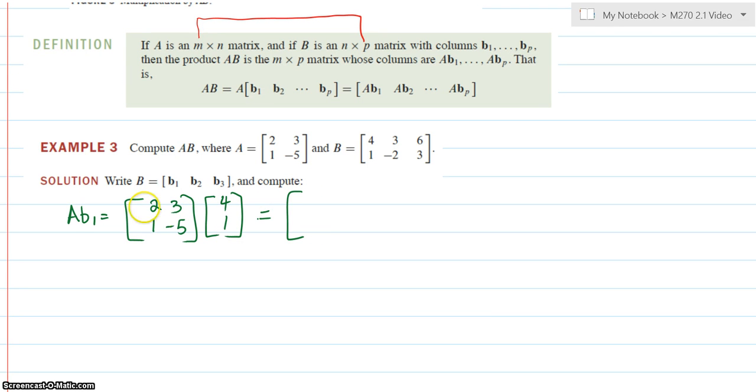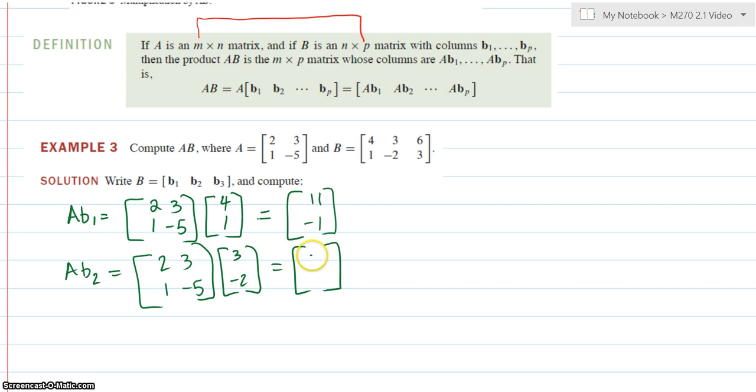The first entry is going to be the first row times the column, so that'll be 8 plus 3, which is 11. The second entry is going to be the second row times that column, so that'll be 4 and a negative 5, which is negative 1. We do the same thing for Ab2, and that's going to be 0, because we have 6 and negative 6, and 13, 3 plus 10.